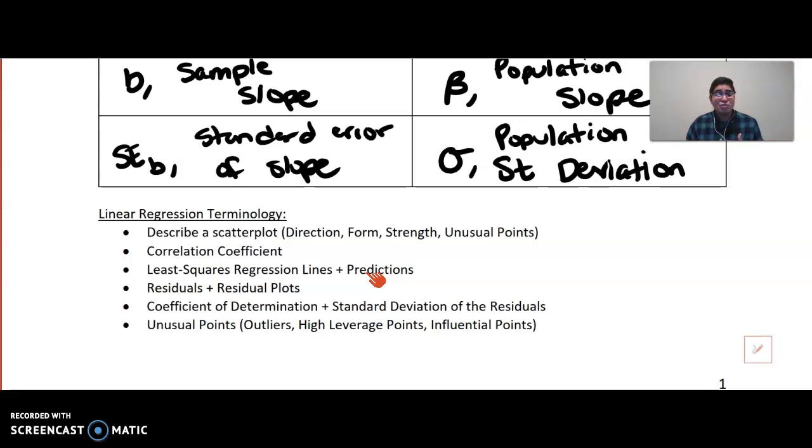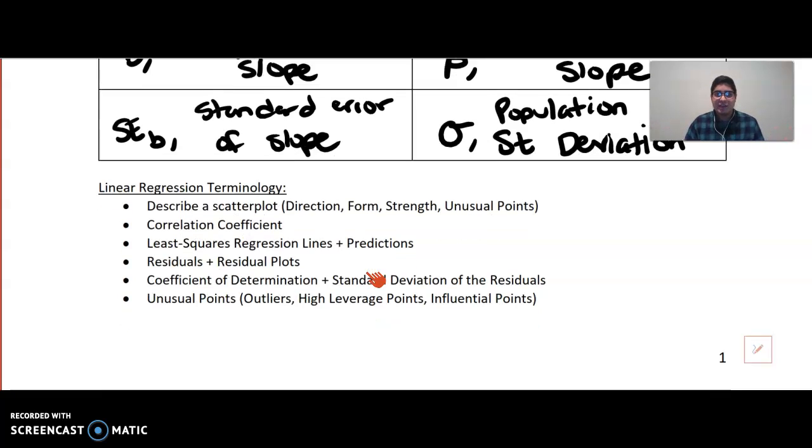Now, we're only going to learn two procedures for the slope. We're either going to estimate the slope using a confidence interval or find statistically significant evidence about a slope of the true linear relationship, or the true slope of the LSRL for this population regression line.